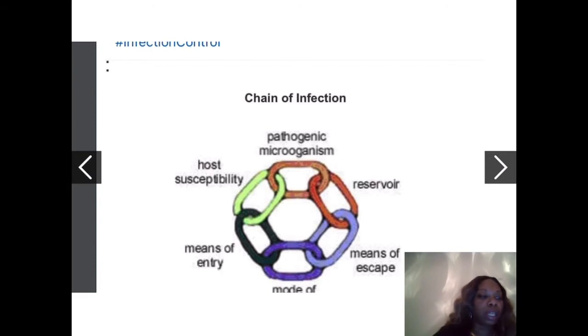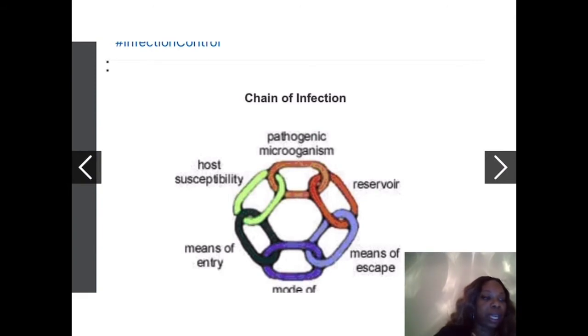Your infectious agents are pathogens. They include not only bacteria, but also viruses, fungi, and parasites. Then your reservoir is any person, animal, arthropod, plant, soil, or substance, or combination of these in which an infectious agent normally lives and multiplies.